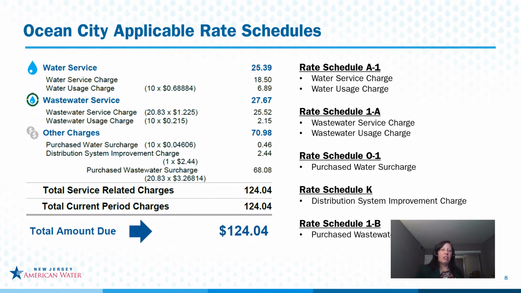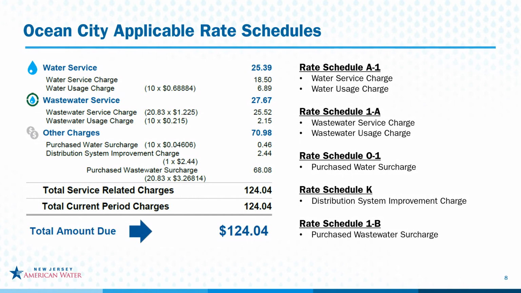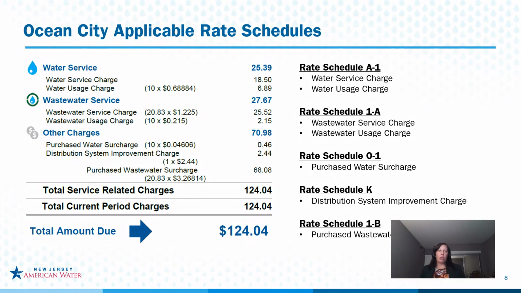So in addition, beginning in June, there will be a rate schedule that identifies a surcharge similar to the DSIC, but it will be for the investments in our wastewater collection system. And this surcharge will also appear under the other charges section of your bill. Water rates have been equalized over the years, meaning the majority of the water customers pay the same water rate throughout most of the state.